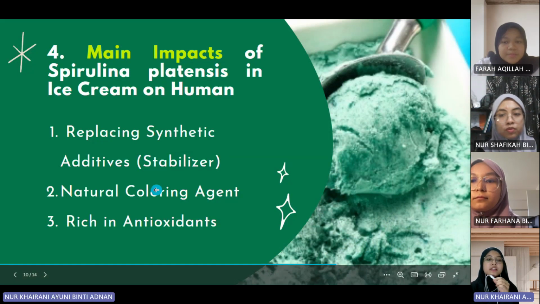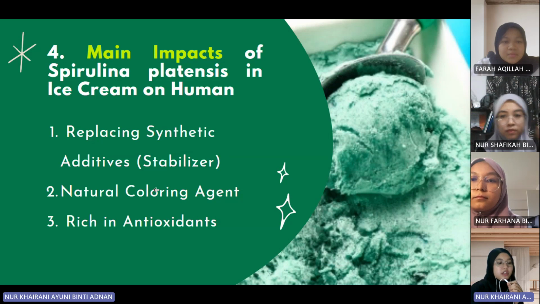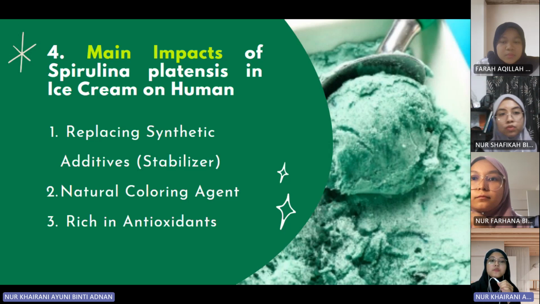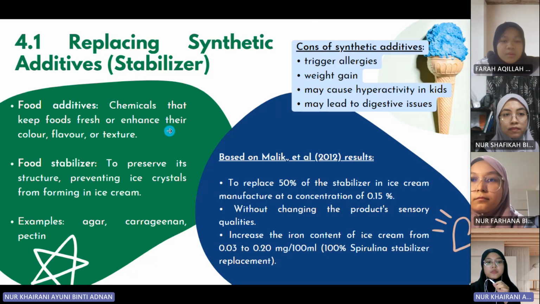Okay, next, I will explain how Spirulina platensis ice cream impacts humans in daily life. The first point, spirulina can replace a synthetic additive or stabilizer. First of all, food additive here means chemicals that keep food fresh or enhance their color, flavor, or texture.